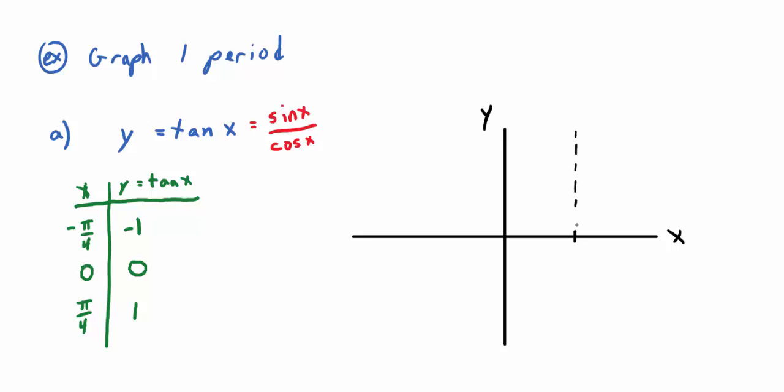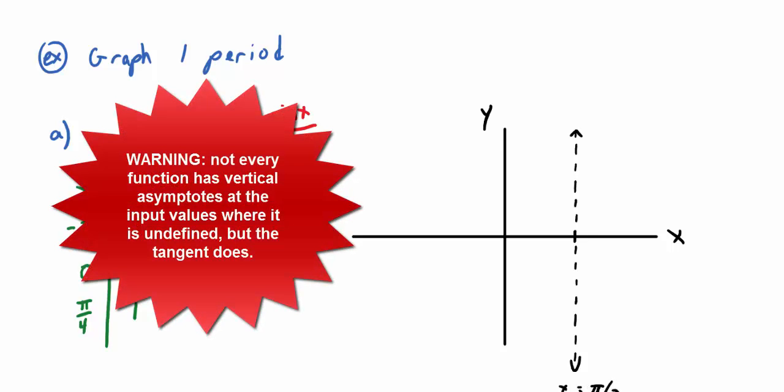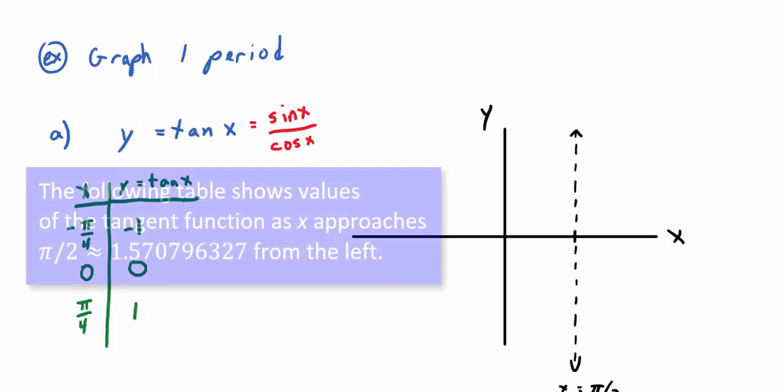Does everybody see why? This is called a vertical asymptote because any x value on this line has value pi over 2. The equation of this line would be x equals pi over 2, pi halves, because any ordered pair on that line has x value pi halves, right?